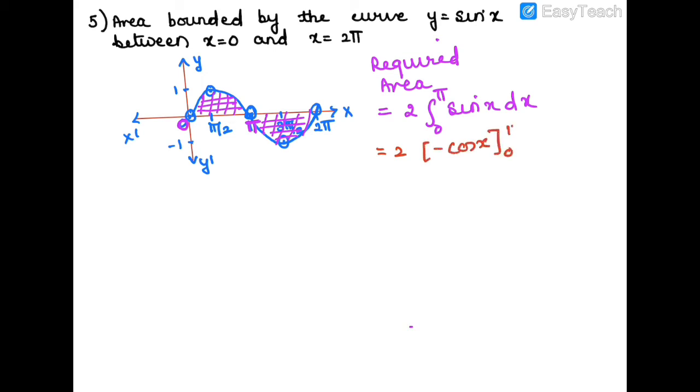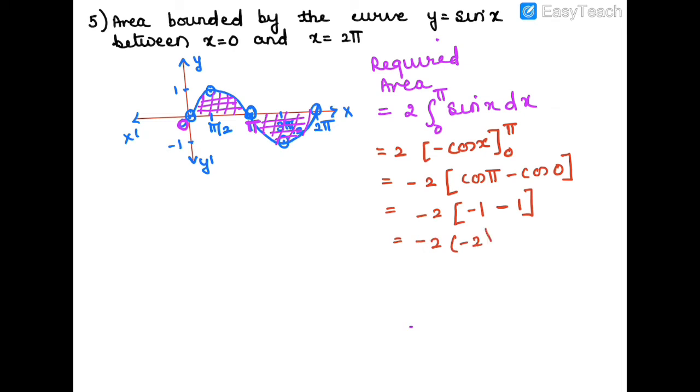limit 0 to pi. So what I do is I usually take that minus sign outside so that I don't have to keep on changing the signs. So I get cos of pi minus cos of 0, which is going to give me minus 2, and cos of pi is minus 1, minus cos of 0 is 1, which is a minus 2 into minus 2, and that's equal to 4 square units.